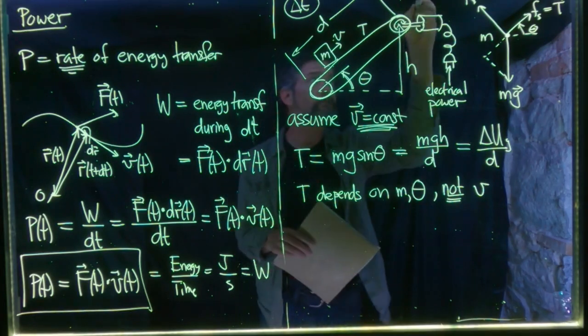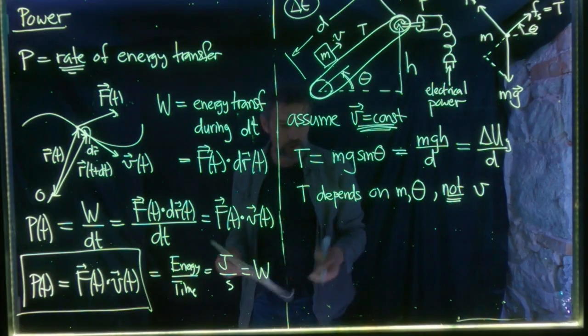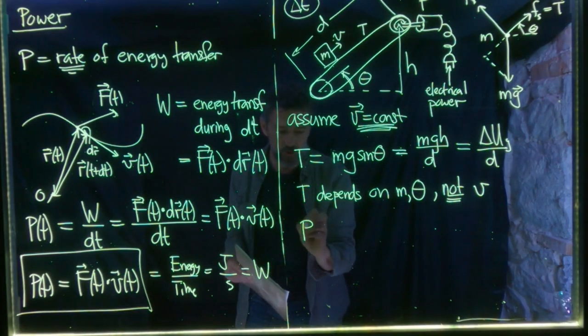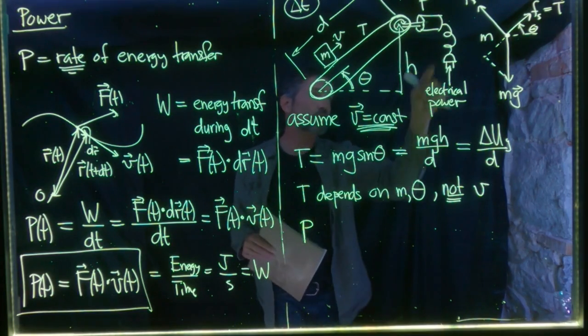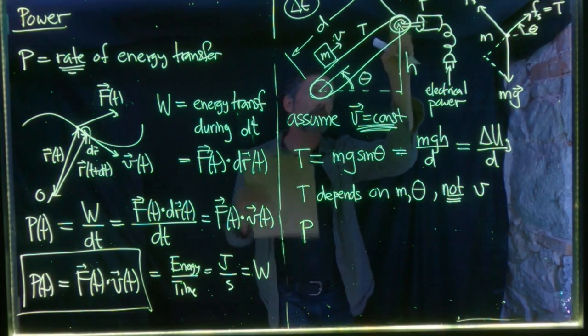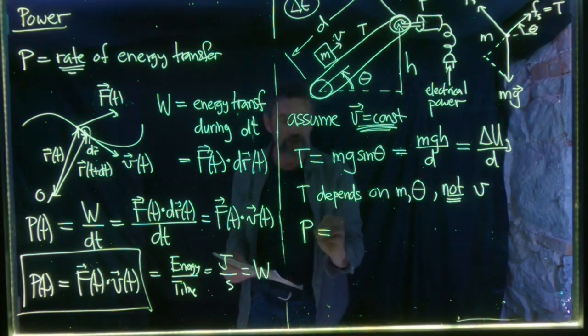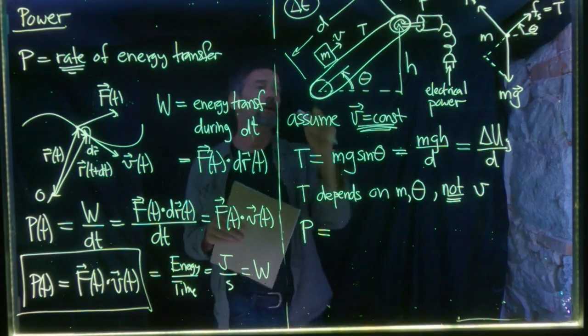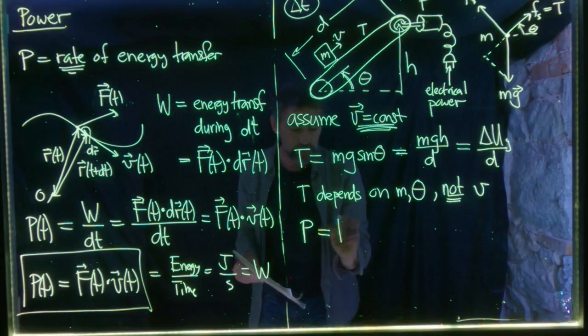This motor has some power P. Okay, so let's work this out. So the power that's required, the rate at which electrical energy here needs to be converted into mechanical energy and so on and so forth, that power, so the rate at which energy is being transferred, is going to be the force.